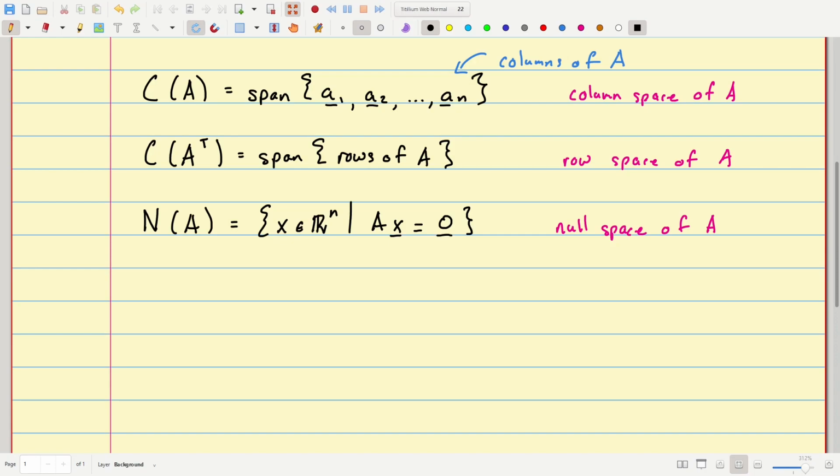Would it make sense to talk about all of the vector space associated with A if we're referring to fundamental subspaces necessarily? Or would there be something else that we would want to talk about?